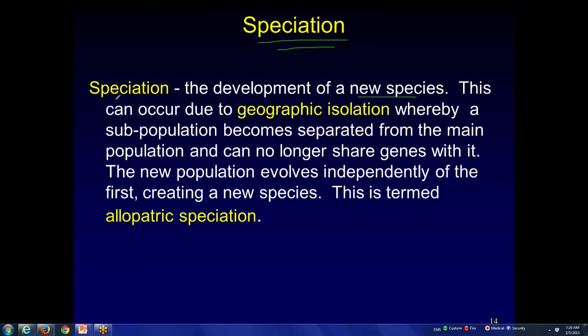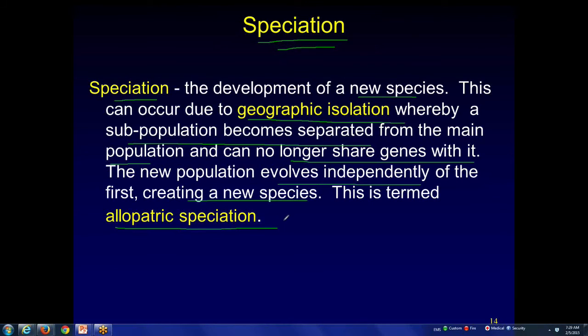Well, that's the idea of speciation, that a whole new species can develop from an original species. So this can occur because of geographic isolation, where a subpopulation becomes separated from the main population and can no longer share genes with it. The new population evolves independently, creating a new species. This is called allopatric speciation.